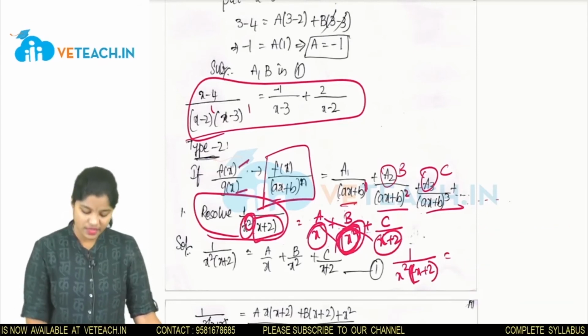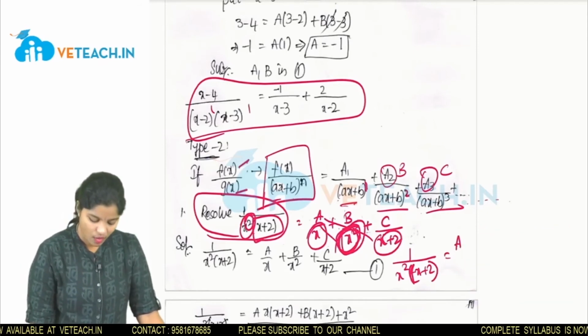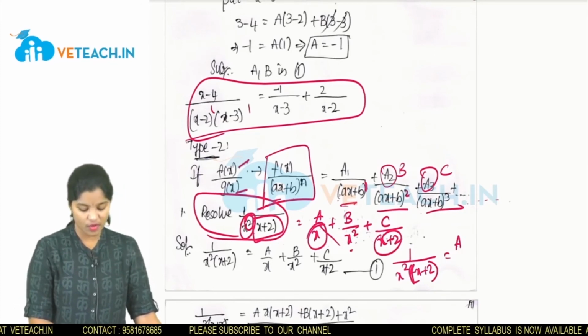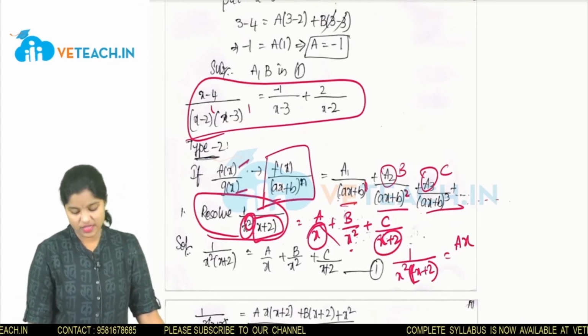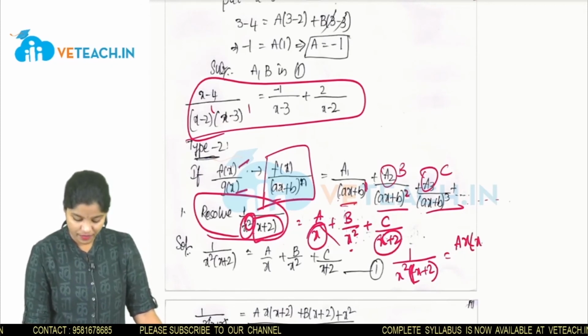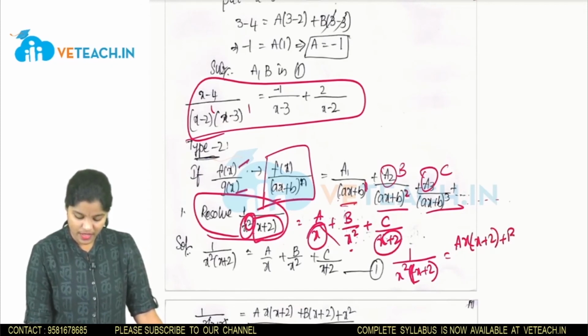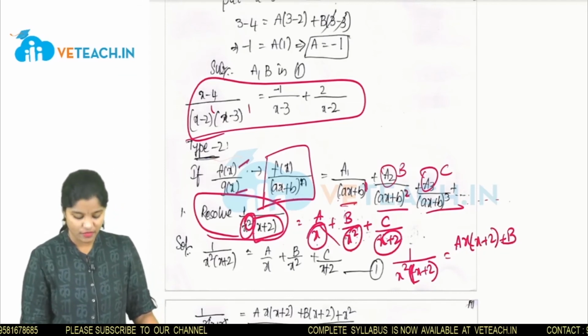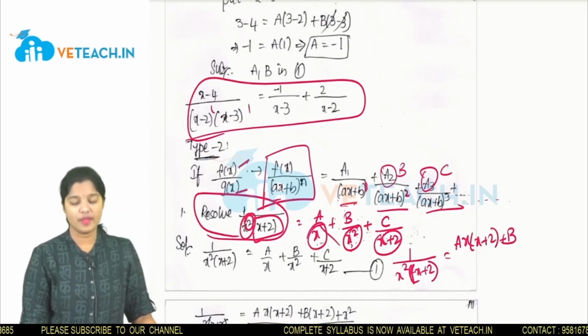Now if we take LCM, what we will get? A into opposite terms, but here we are having x square and here we have already one x. So only one x will be multiplied, x into x plus 2, plus b into, already we are having x square term, so this x will not be multiplied. For this both LCM is only x square.